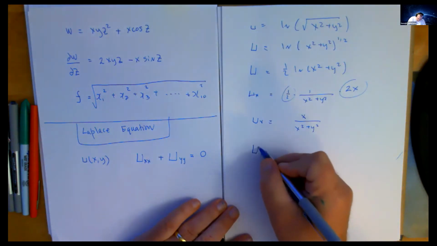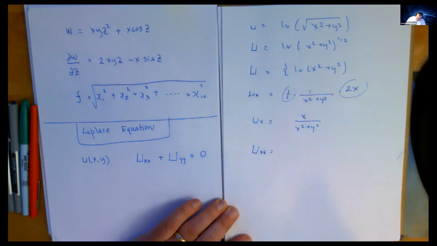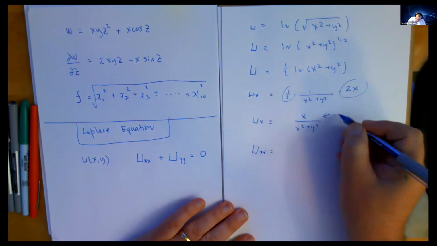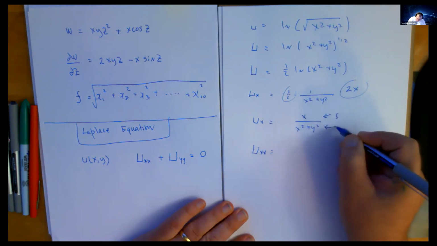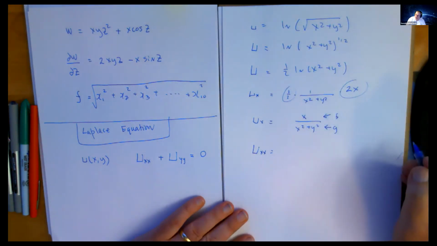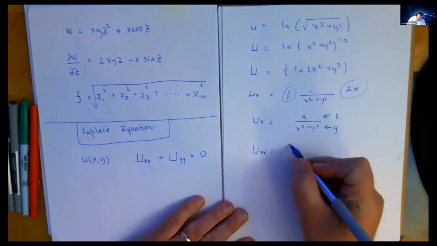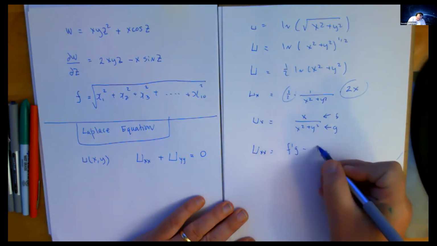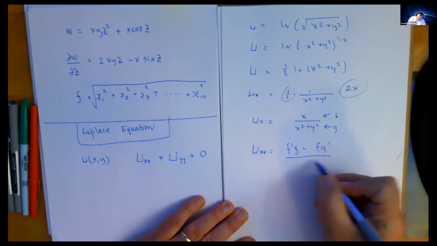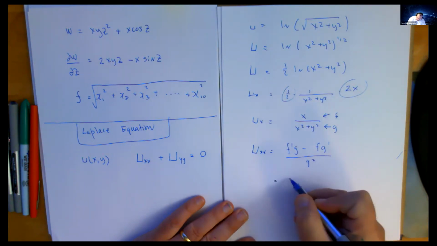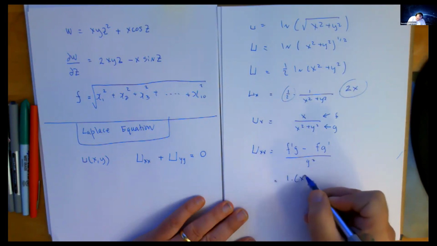Now, to do the second derivative, would you agree that since there's an x on the top and an x on the bottom, I'm going to have to do a quotient rule on that. So it's going to be f dash g, take away f g dashed, all over g squared. So it's going to be 1, leave this guy alone.